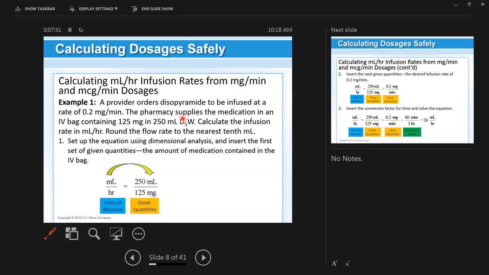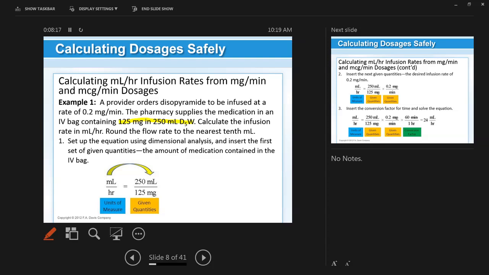Now in this problem, they're telling you that it's in D5W, but that's really totally irrelevant. That's additional information that has nothing to do with the problem. That would be something you would verify against your healthcare provider's order. So when we see this 125 milligrams per 250 milliliters, what you need to be able to identify is that this is a marriage.